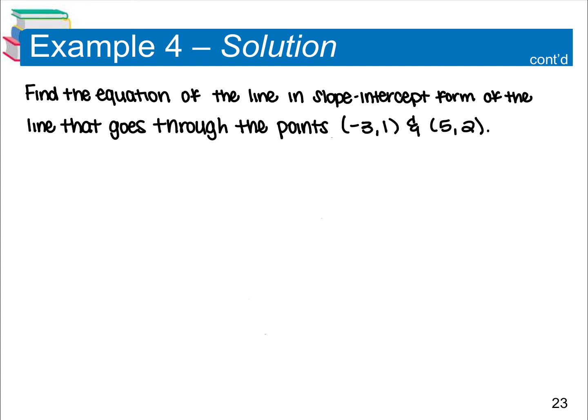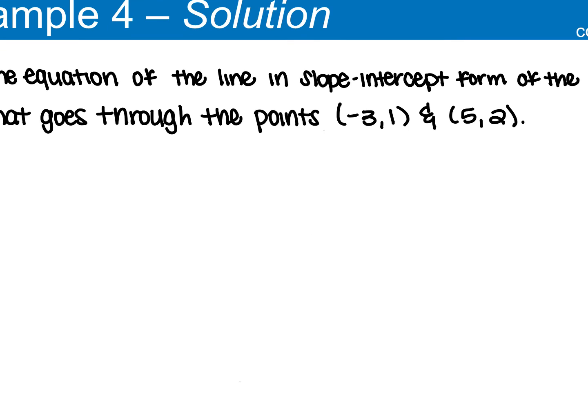So the first thing we need to do is find the slope from these 2 points. Remember, the slope is y2 minus y1 over x2 minus x1. Your x1 and your y1 we're going to use as the negative 3 and the 1. The x2 and the y2 we'll use with the 5 and the 2.